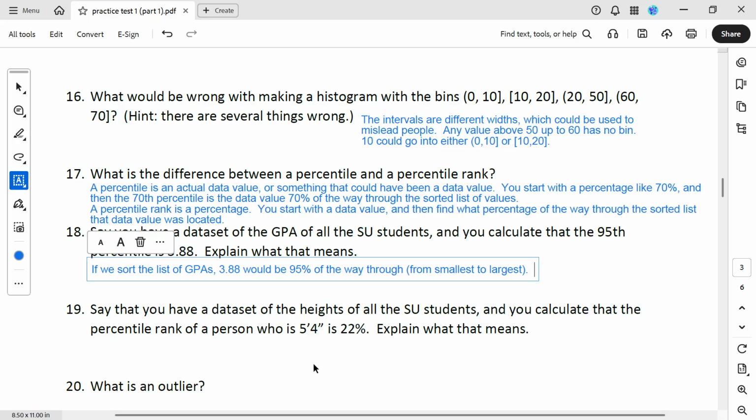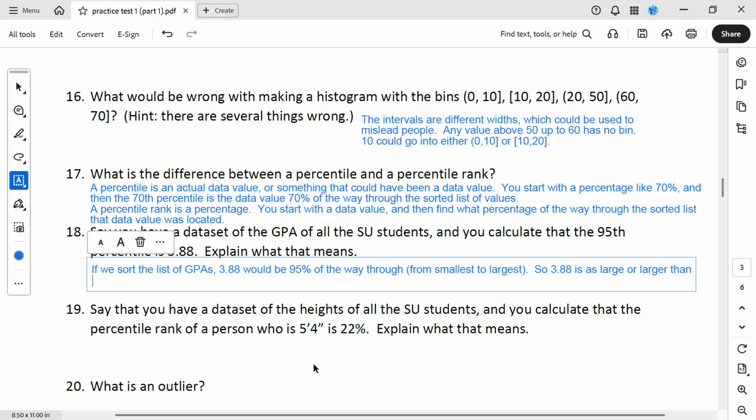So then what that actually means is that 3.88 is as large or larger than 95% of the GPAs, and as small or smaller than the other ones, which would be 5%. Okay.